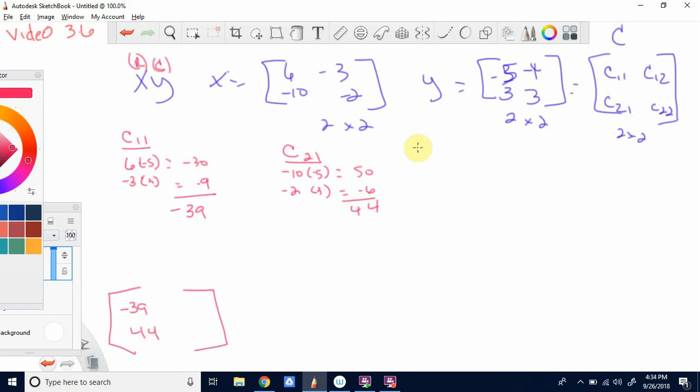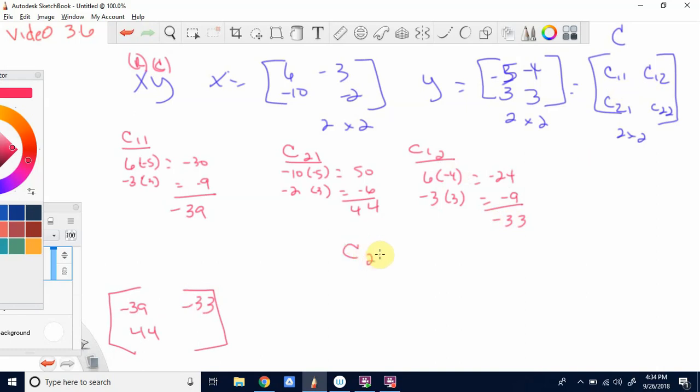Then I'm going to do C12, and I'm going to take row 1 of x, so it's 6, -3, column 2, which is -4, 3, equals -24, -9, which equals -33. That's going to go right here. Okay, so now I have one left to do.